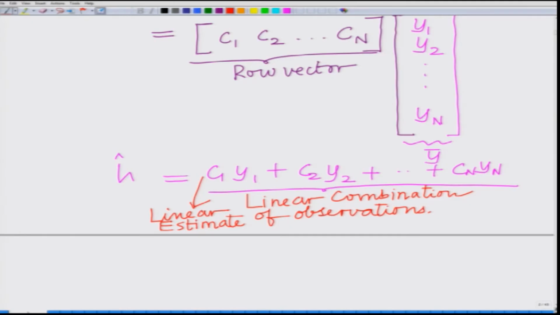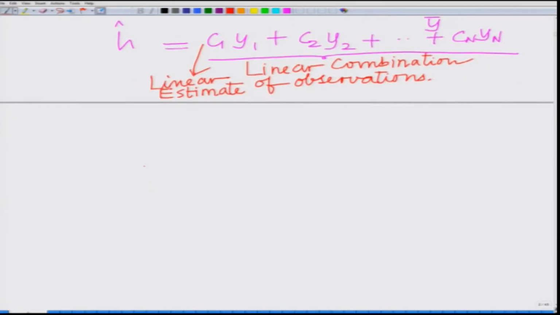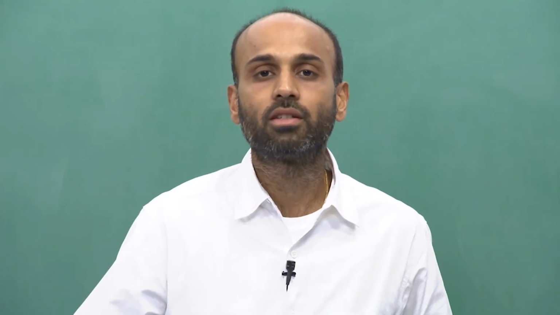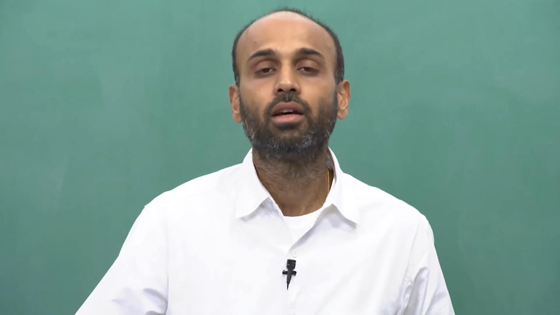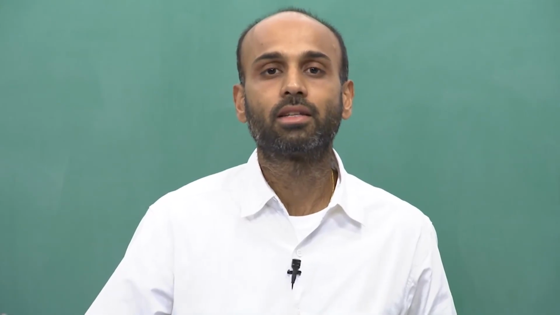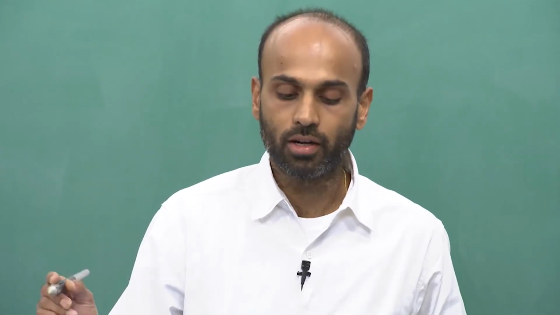You can see this is basically H hat equals C 1 y 1 plus C 2 y 2 plus so on up to C n y n. This is therefore a linear estimate. Okay. Now we want to find the mean square error, that is MSE.